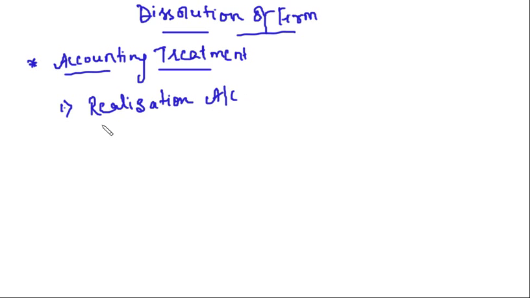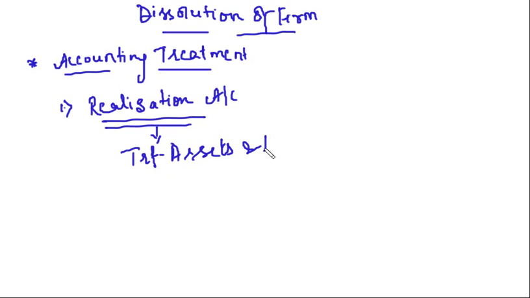When you decide to close down the business and you have decided to sell your assets, you transfer the assets and liabilities to the realization account. We haven't sold the assets here.